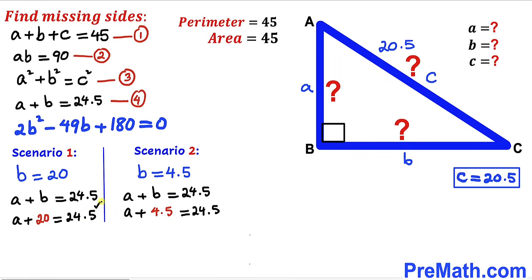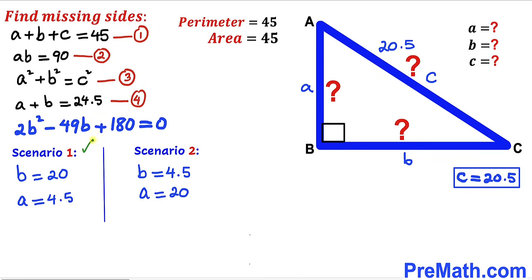Therefore, for this scenario 1, that is going to give us a equals to, if we subtract 20 from both sides, 4.5 units. And for this second scenario, if I subtract 4.5 from both sides, our a value is going to be equal to 20 units.